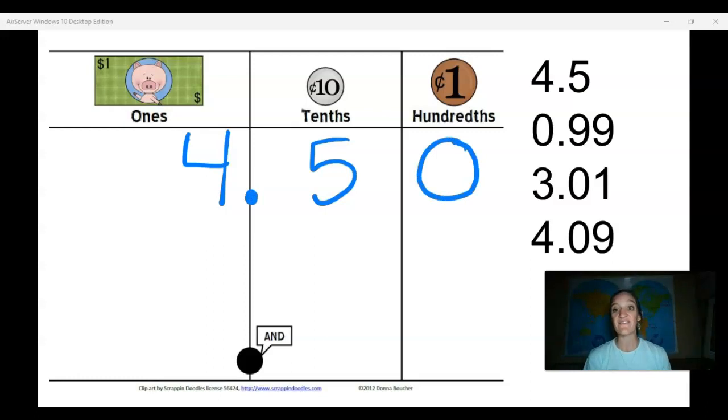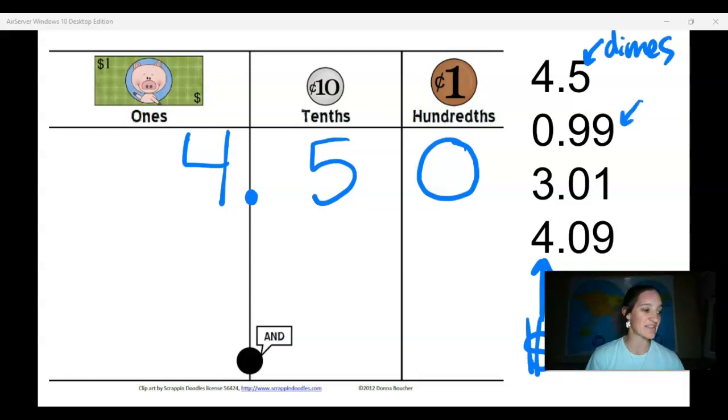You would also say $4.50. Instead of saying ones, you'll see these as dollars. Instead of saying tenths, you'll say dimes. And instead of saying hundredths, you'll call these pennies.